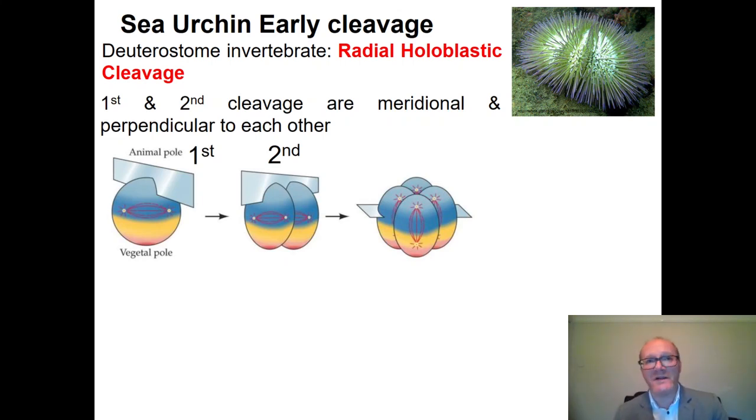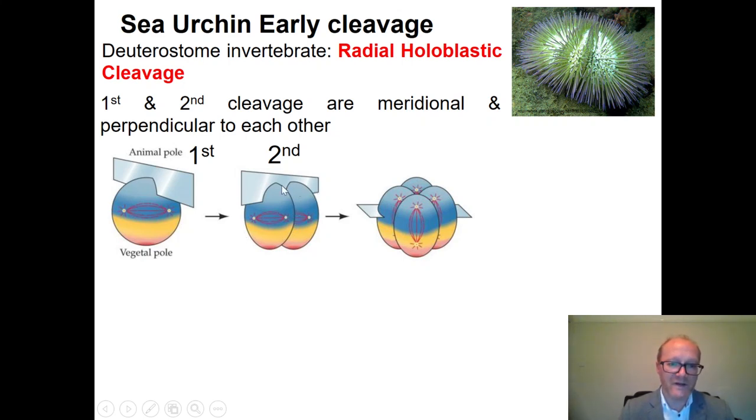It has similarities and also differences compared to our cleavage. So first of all, the first and second cell divisions, the first and second cleavage, are both meridional in the sea urchin embryo and perpendicular to each other. So if this is the zygote, the first cell division is meridional from top to bottom and produces two left and right cells.